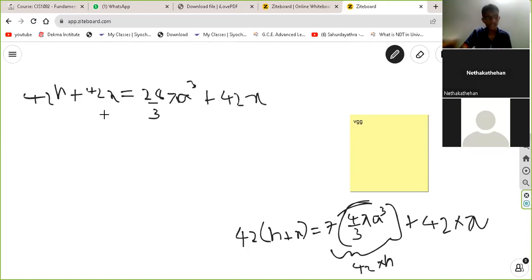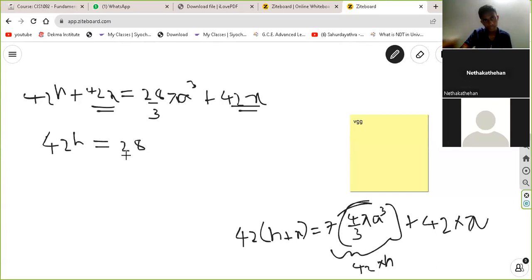So in both the right and left sides, the term 42x is found. Then we can remove it. Then finally, 42h equals.